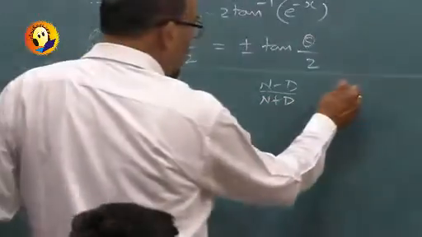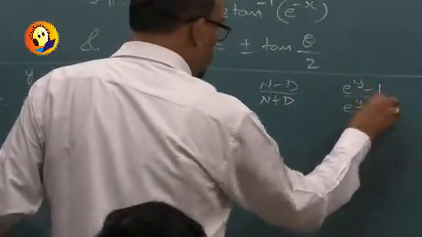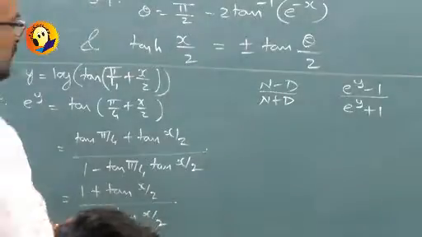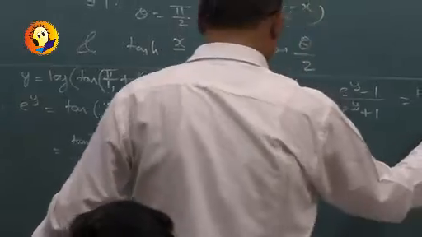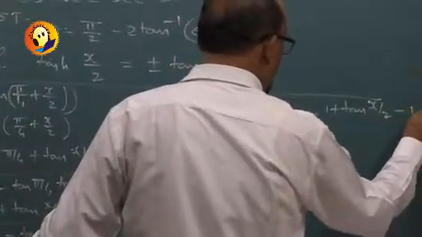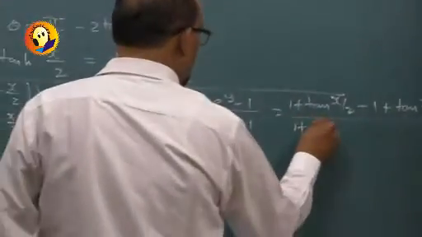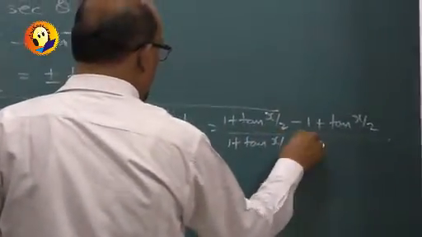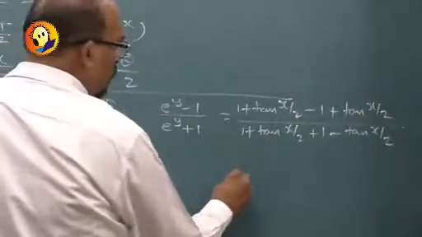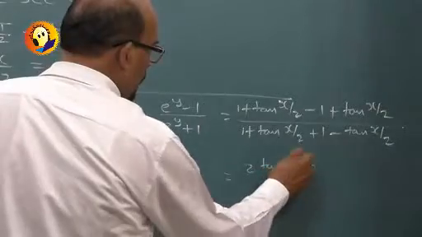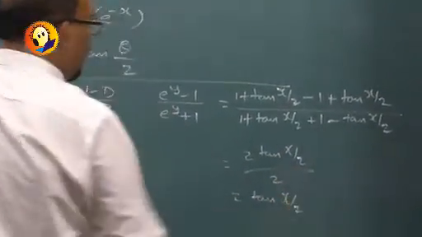So it is e raised to y minus 1 upon e raised to y plus 1 on left hand side, and on the right hand side it is 1 plus tan x by 2 minus 1 plus tan x by 2 upon 1 plus tan x by 2 plus 1 minus tan x by 2. So here it is 2 tan x by 2 upon 2, that is tan x by 2.